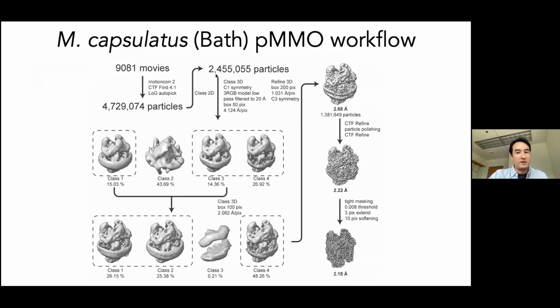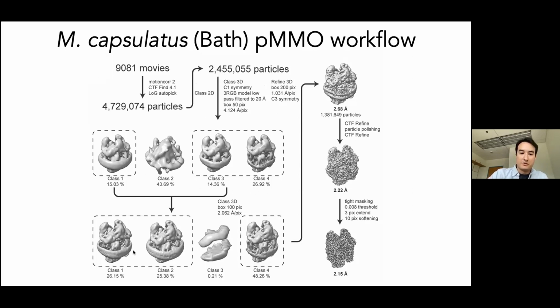This is important because, using the native organism, PMMO doesn't have an affinity tag, so we're not able to separate filled disks from empty disks by sample preparation, but computationally we're able to do that. We also used a ratio of membrane scaffold protein to PMMO that was close to 1 in order to limit the number of empty disks that we obtained.